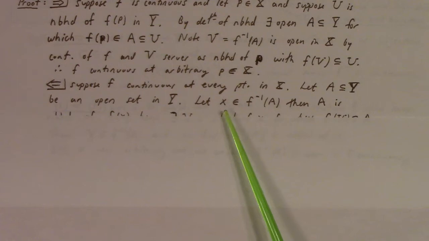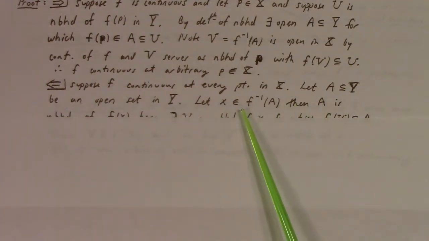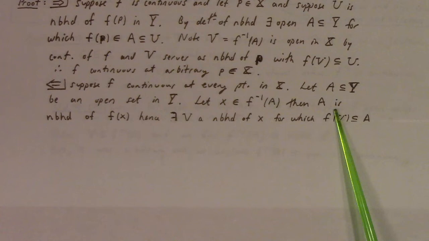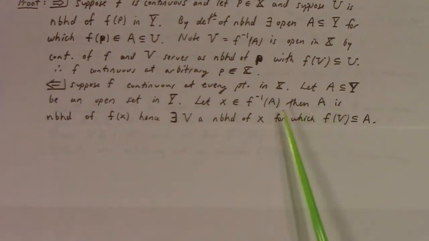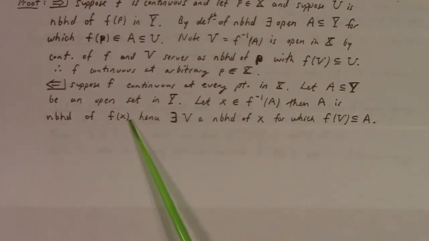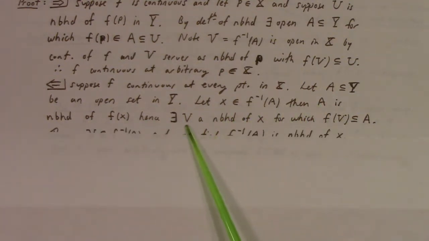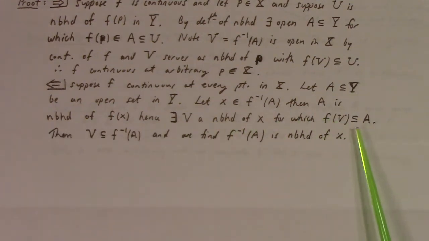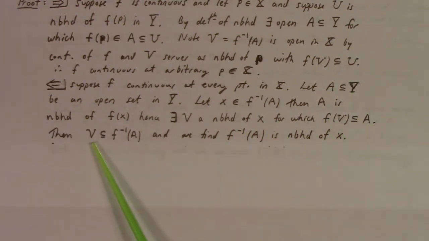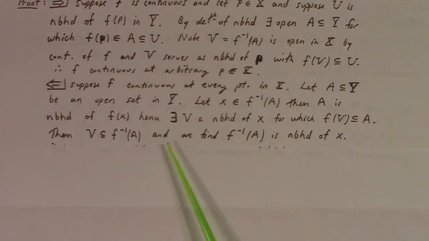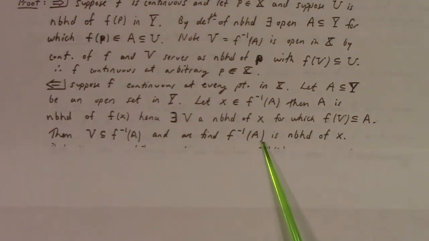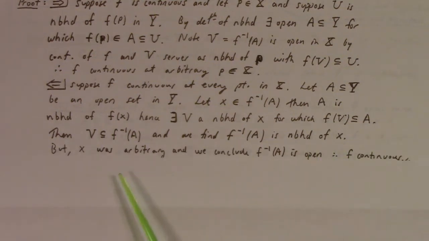So suppose you have an open subset in the codomain, and if we let X be an element of the inverse image of A, then A is a neighborhood of f of X, all right, and hence there exists a neighborhood V of X for which f of V is a subset of A, which then means that we can say V is equal to f inverse of A, and we can show that f inverse of A is a neighborhood of X. But since X was arbitrary, we can conclude that f inverse of A is open.